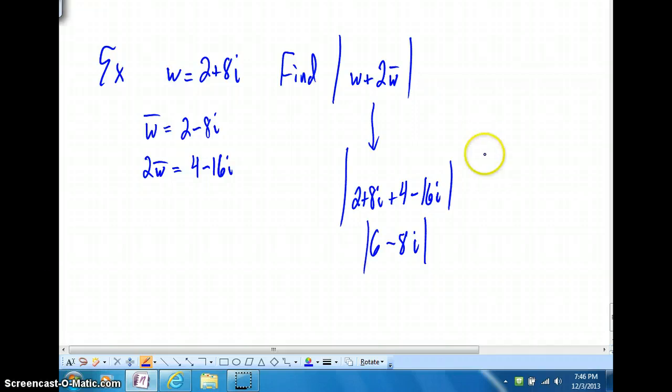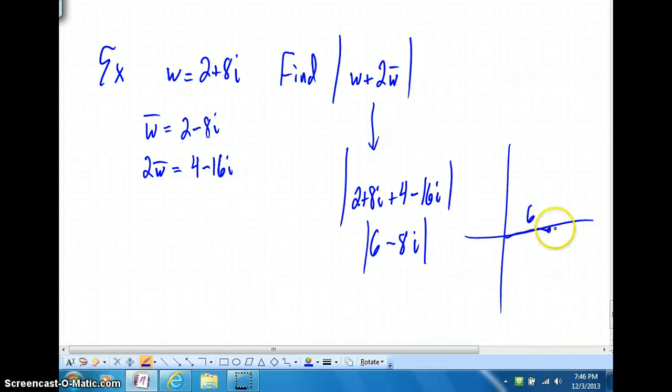Now, once again, we could graph this. I'm going to go 6 steps in the real positive direction and then down 8 steps in the imaginary. And it would be a 4th quadrant kind of an angle. Once again, our distance could be found via the Pythagorean theorem.